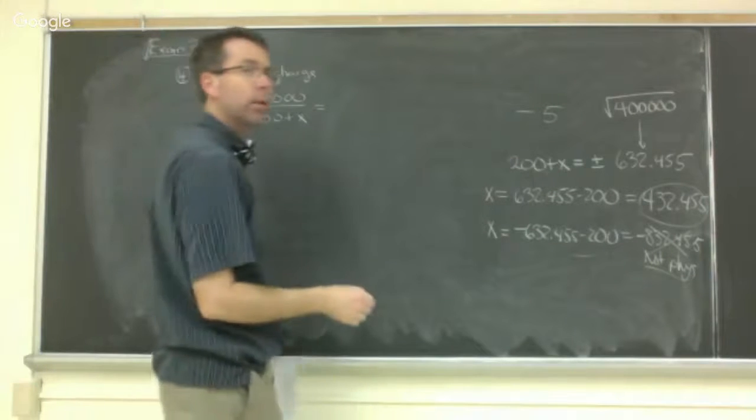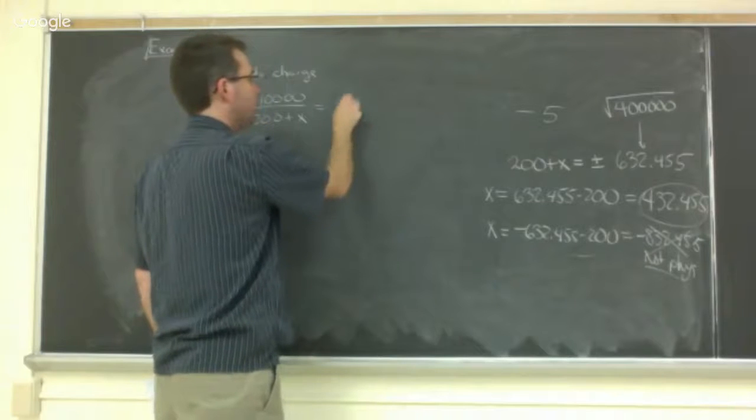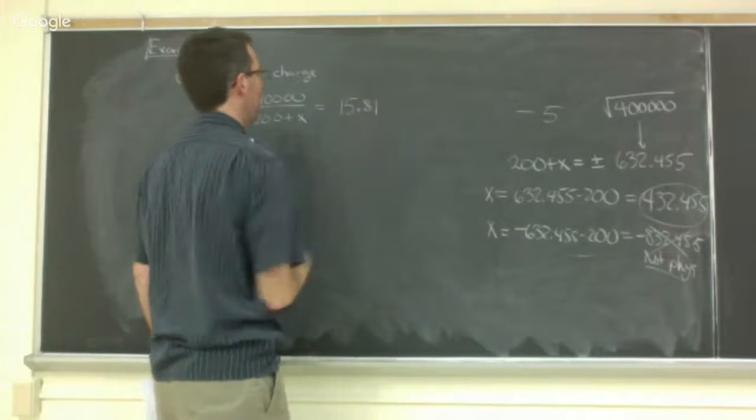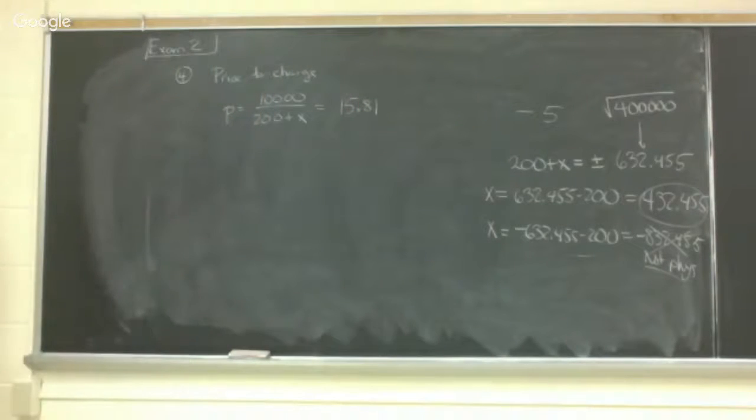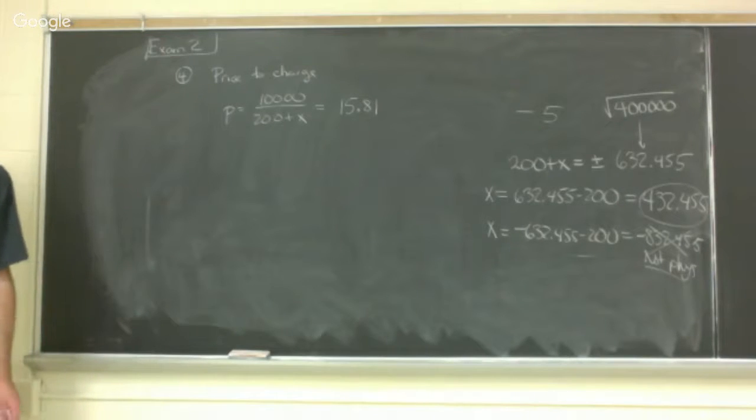Is 12 something? 15. Is 1581? So we would want to set our price at $15.81. Now, maybe there's some economic reasons that people would shift that to $15.99 or whatever it is, but that's what I would set my target price at.